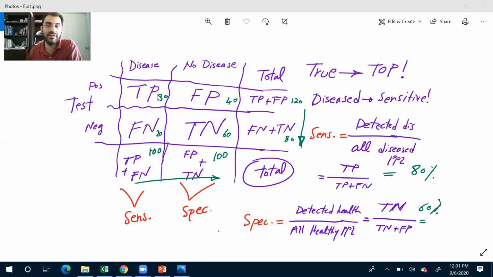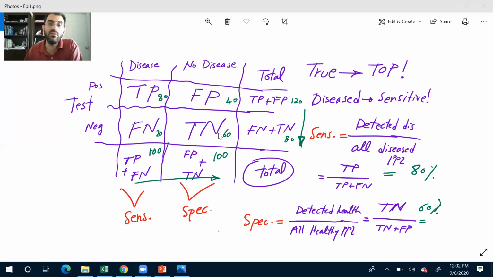Let's put it here. 80 people positive test and having the disease, 40 people positive for the test but not having the disease, 20 people test negative and actually having the disease, and 60 people not having the disease and test negative. 80, 40, 20, 60.